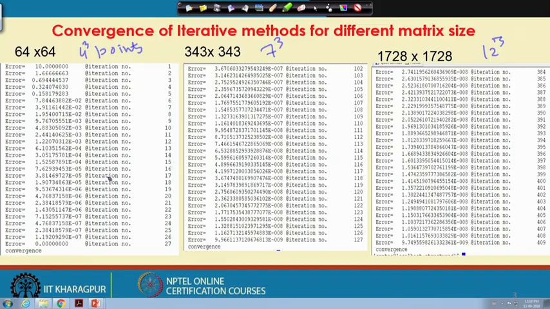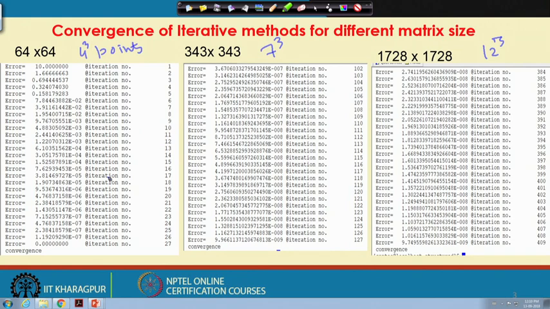So, as we are increasing the matrix size, the number of iteration steps increase; it almost scales with the matrix size with the solution vector. And as we go to a larger matrix, the reduction in error is actually very slow.